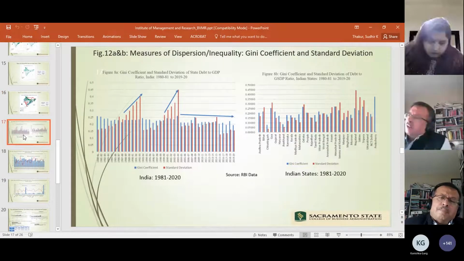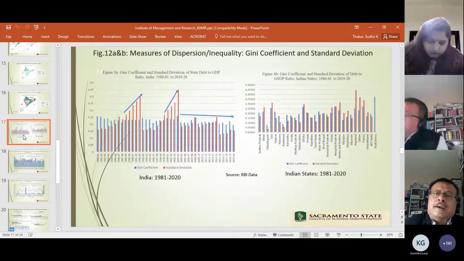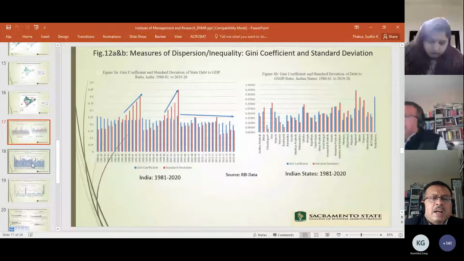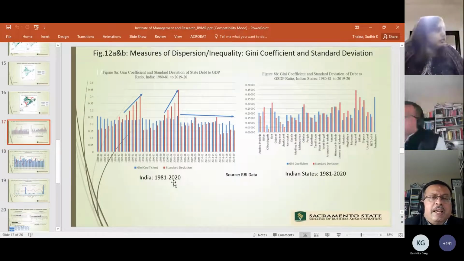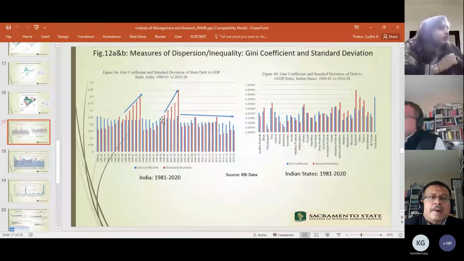And then in my paper, in my research, I do other computations as well. Besides computing the average debt ratio, I'm using the Gini coefficient, the standard deviation, and Theil entropy, just to confirm and understand with respect to other measurements as well. This one shows the Gini coefficient at the time series level. Gini is where 1 represents perfect inequality, 0 represents perfect equality.